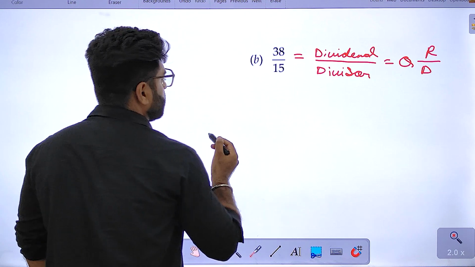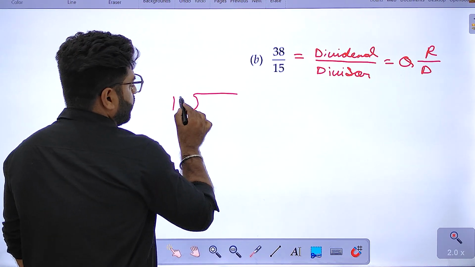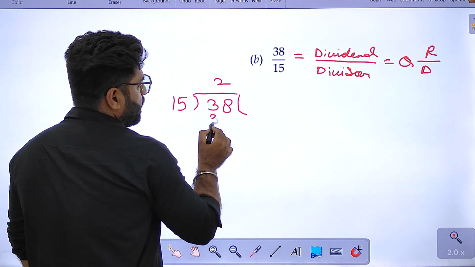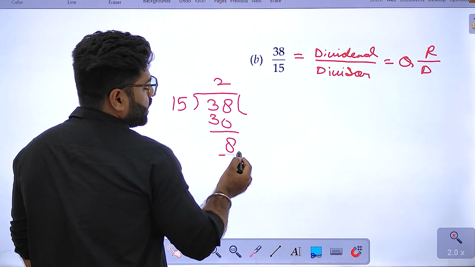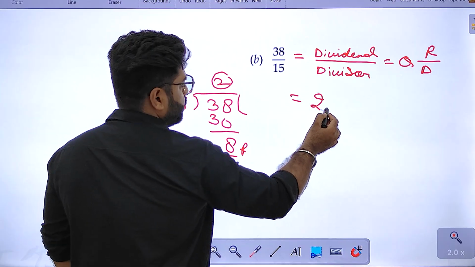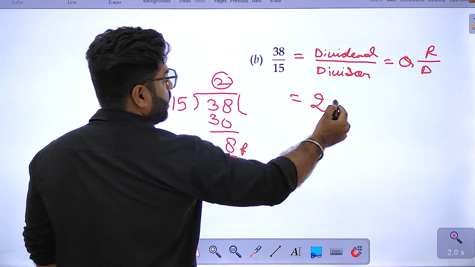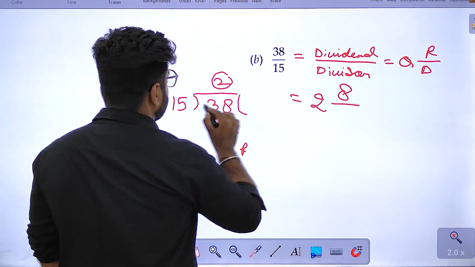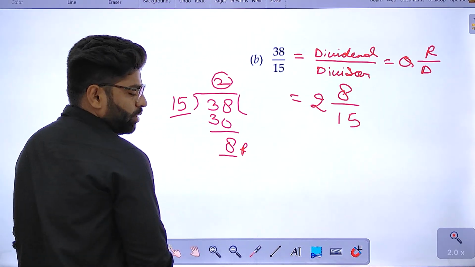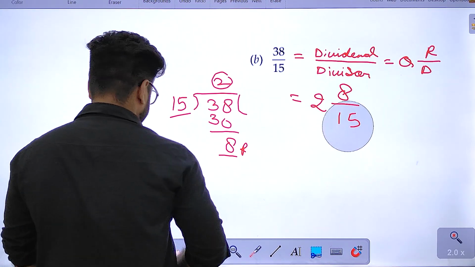Clear? Let's divide it first. In 38, 15 twos are 30. Here we have 8 as a remainder. So the quotient is 2, so I am writing here 2. Then the remainder we have is 8. Then the divisor is 15. So this is 2, 8 by 15. Clear?